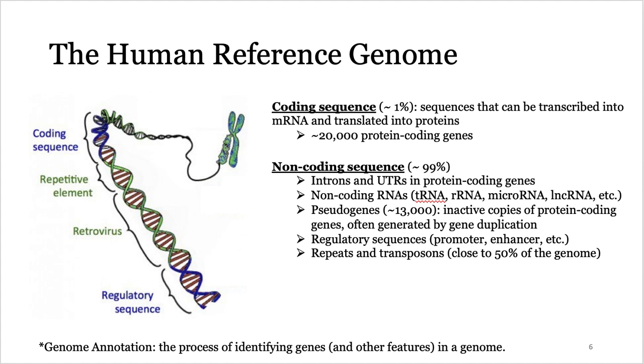One of the copies accumulates mutations, so it is no longer active, and it turns into a pseudogene. There are a huge number of them in the human genome. And there are many other non-coding sequences, regulatory sequences, promoters, enhancers, and there are many transposons and repetitive sequences in the genome.